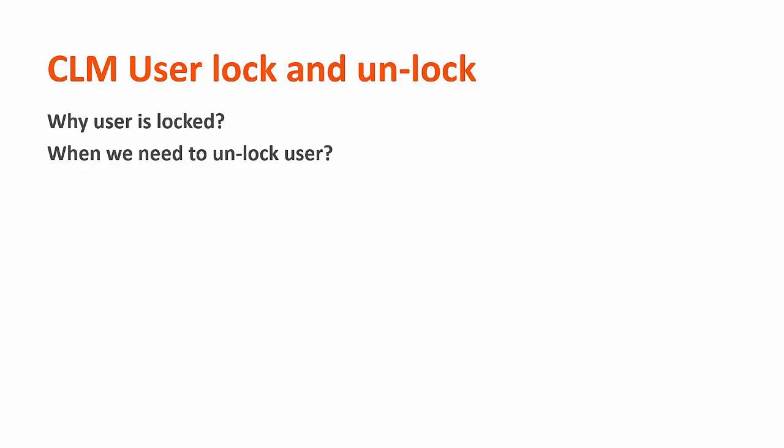There could also be a case of an admin logging in from one browser and walking away from that machine. Hence, it is important to know how one can unlock the user. With this, we will go into a demo and see how one can release this lock.